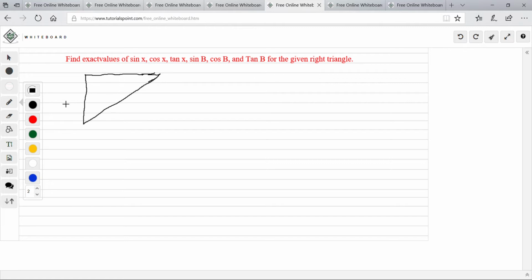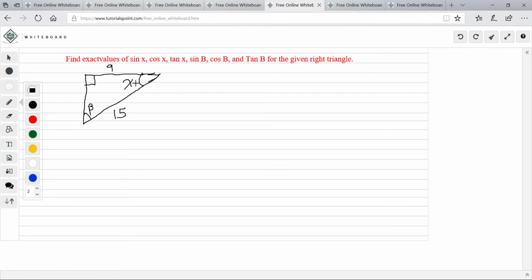We are given 9 as one value, and then our hypotenuse 15. We don't know any of these angles, so we'll call this angle beta, and this angle alpha.